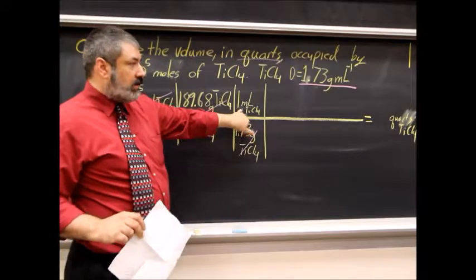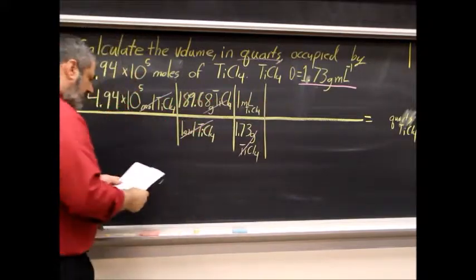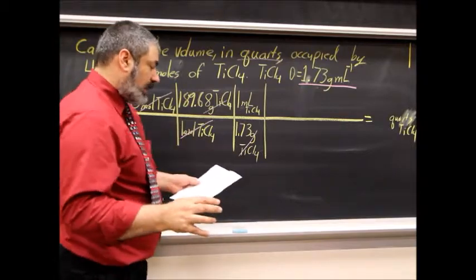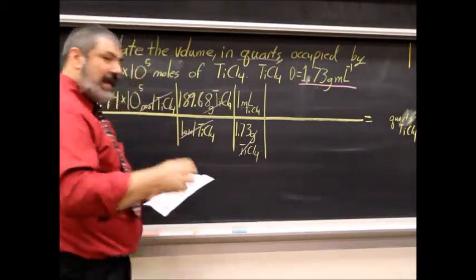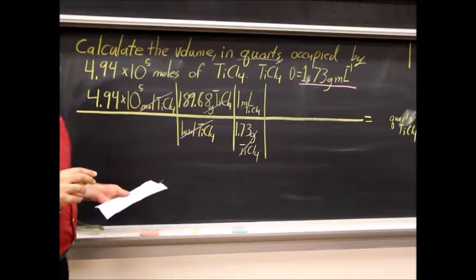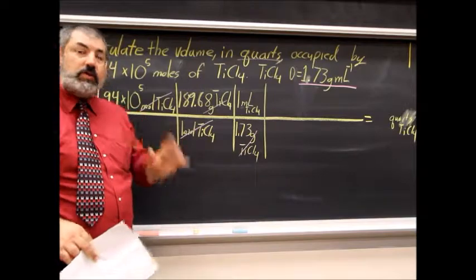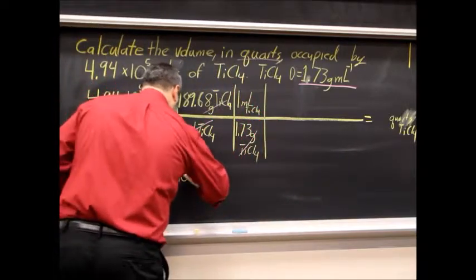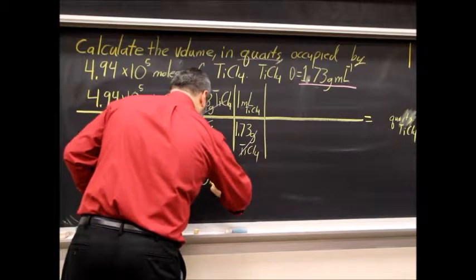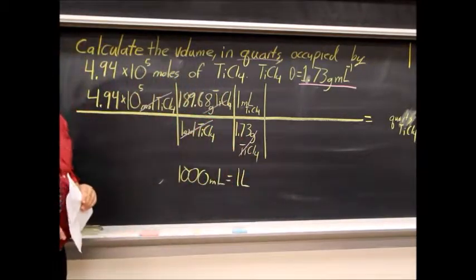We have a metric unit, we want the English unit, just because of how this problem was written. I give you the relationship that 1 gallon is equal to 3.7854 liters. That's liters. I expect you to know the metric system. And it never hurts to write it off to the side before you use it.